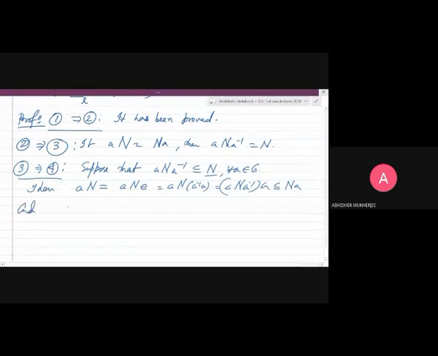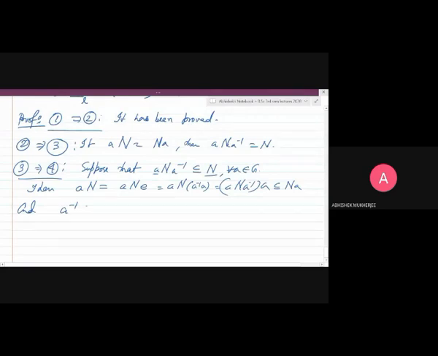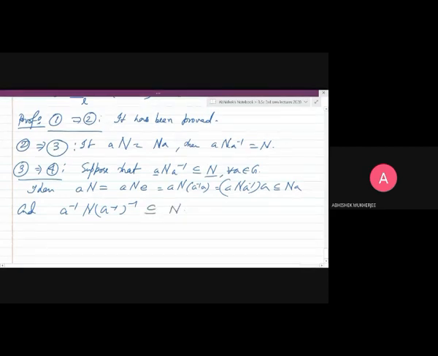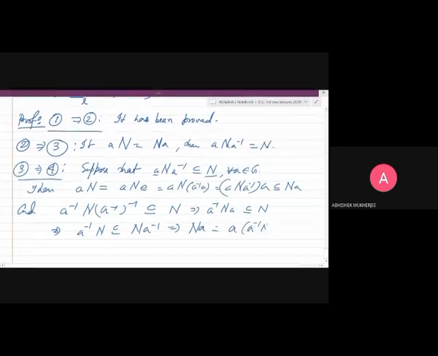And if you take a inverse instead of a, then a inverse N a is a subset of N. That is, a inverse N is a subset of N a inverse. This implies Na equals a inverse N a.